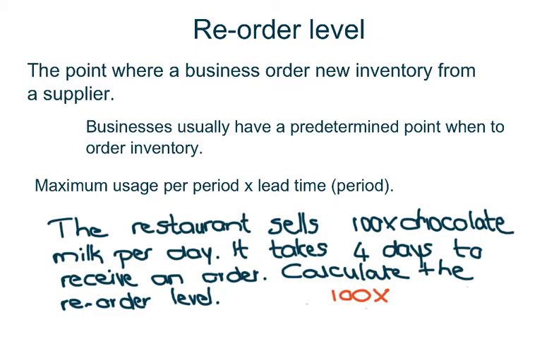So how long will it take to receive this order? And we said it will take 4 days. So this is now 400 if I do this calculation. So I'm saying my reorder level is 400 units. So if I have 400 units of chocolate drinks in my store, then I need to reorder. This is what we just calculated.